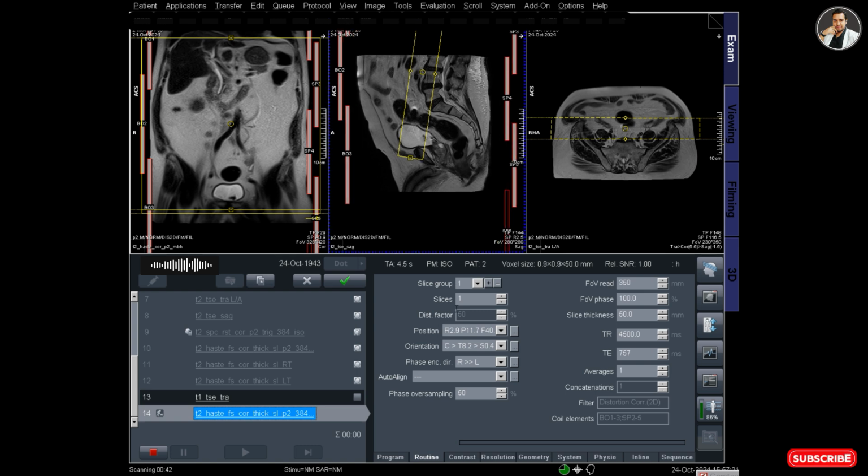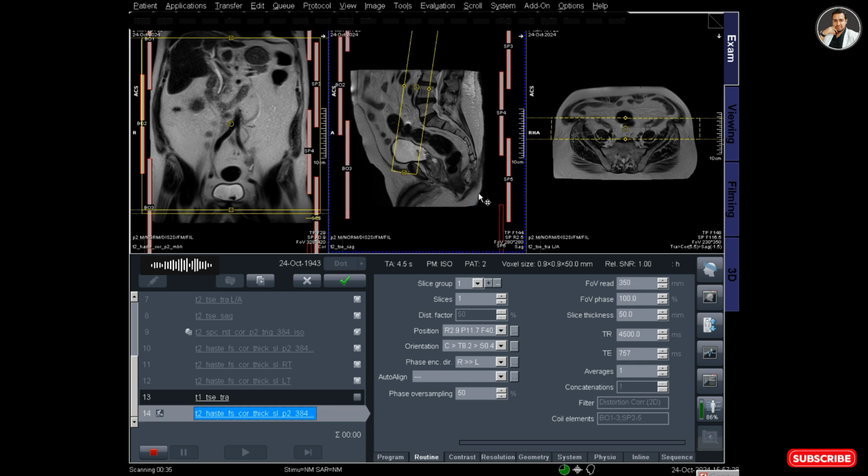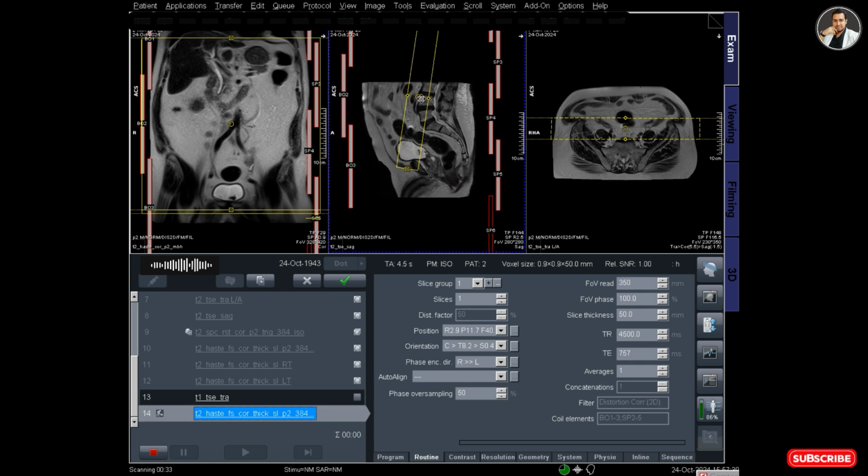So I have to repeat the scan for the thick slice, because I have given IV saline to the patient. So let's see how the ureter is now visible.